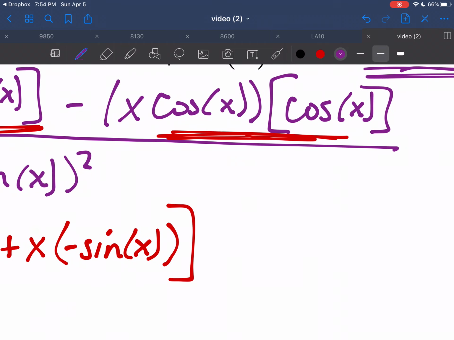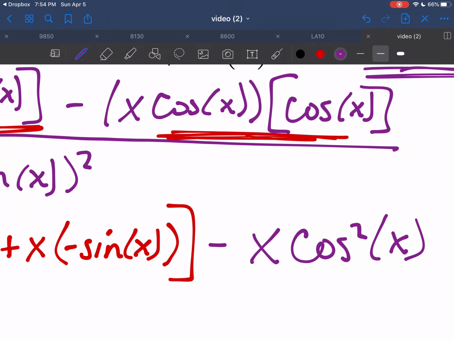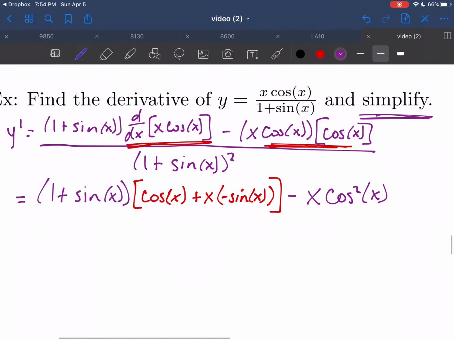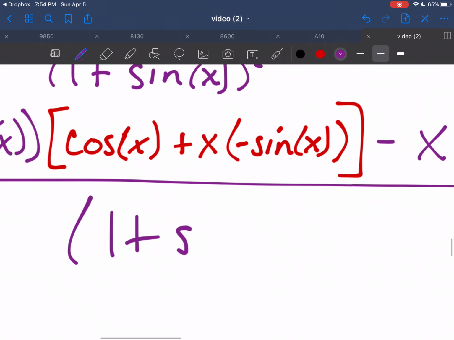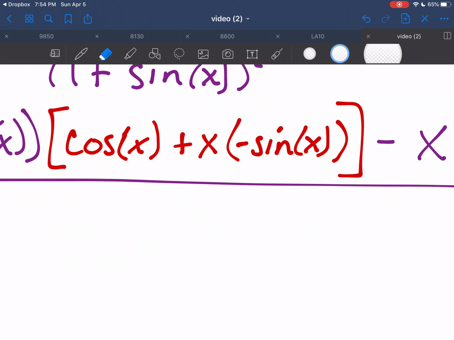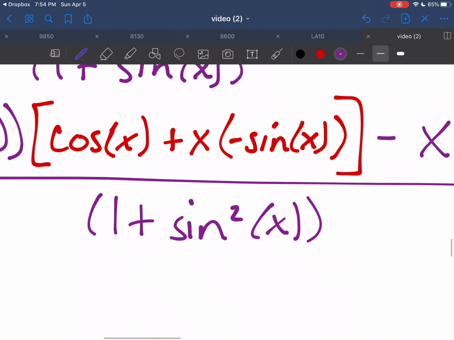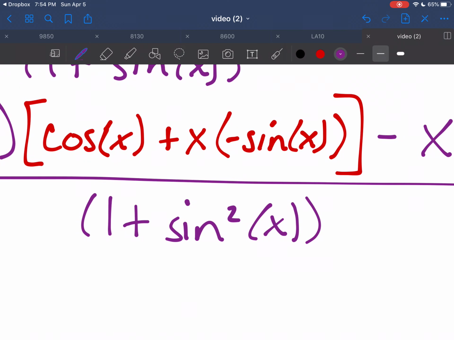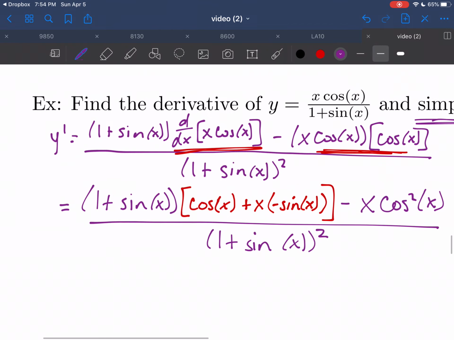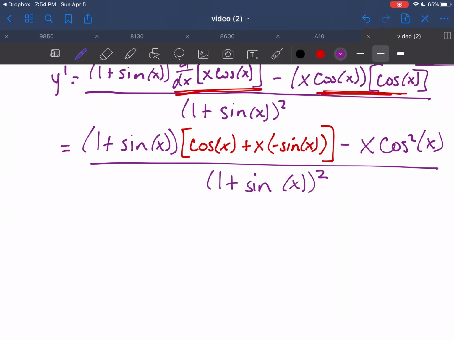Okay, minus x cosine squared of x. All that divided by 1 plus sine of x squared. You cannot distribute the other piece in.